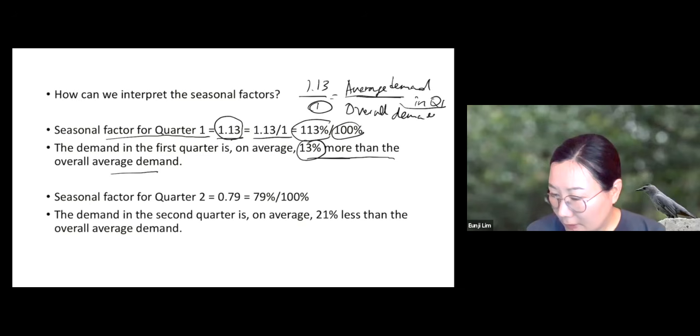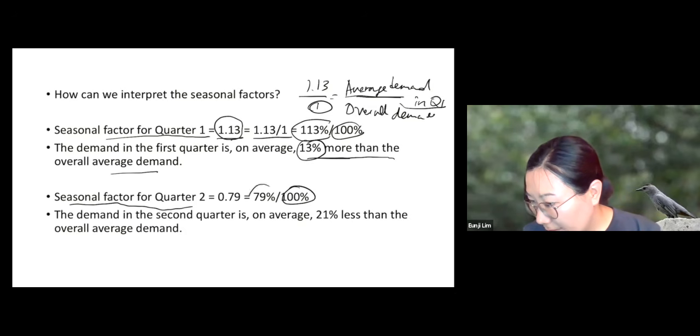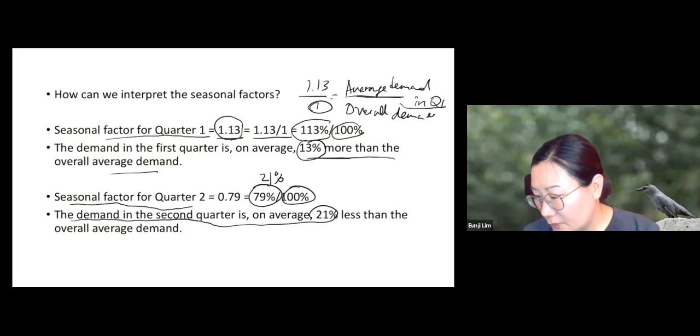So how about this? Seasonal factor for the second quarter was 0.79, and you can rewrite this as 79% over 100%. So if this is the average overall demand, the average demand in the second quarter is 79%, which is 21% less than the average overall demand. So in other words, the demand in the second quarter is, on average, 21% less than the average overall demand.